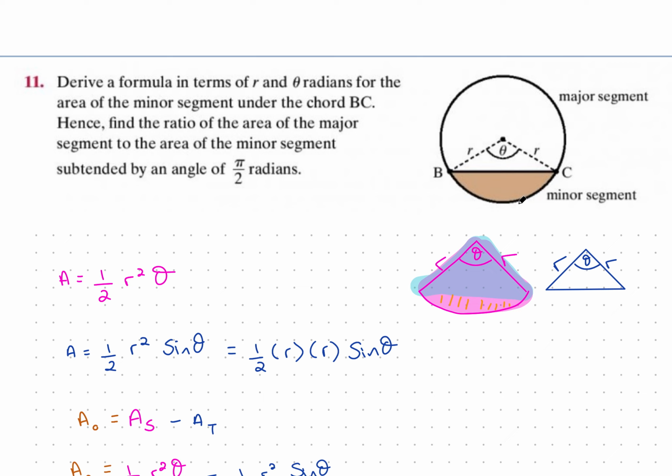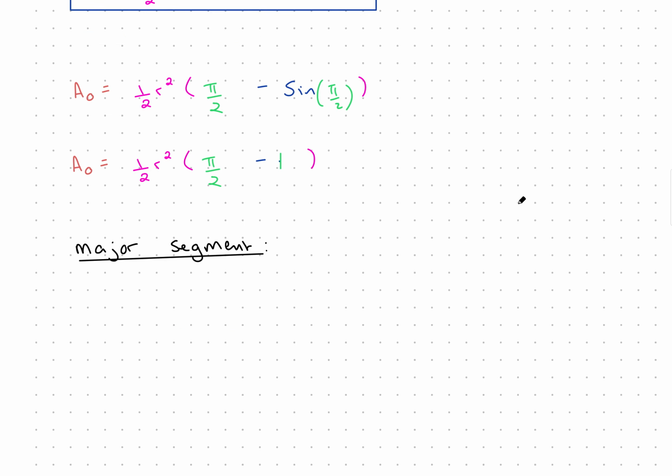Just take out that little section at the end. That's all. So the area of the major segment, MS, is equal to the full circle, pi r squared, take away our minor segment, which worked out to be a half r squared, pi over 2 minus 1.